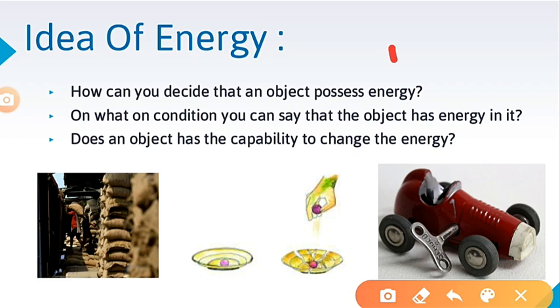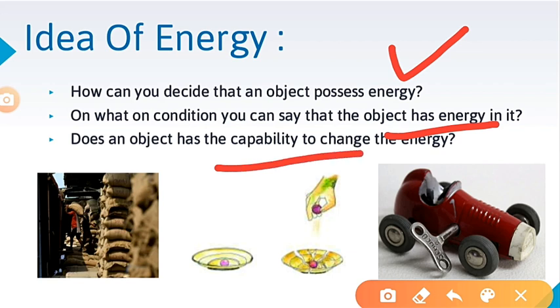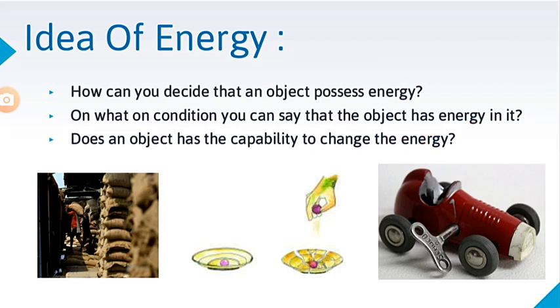Now, how can you decide that an object possesses energy? On what condition can you say that an object has energy in it? If the object has the capability to change energy from one form to another form of energy. For that purpose, I have taken a few examples here. This is our ceramic plate.